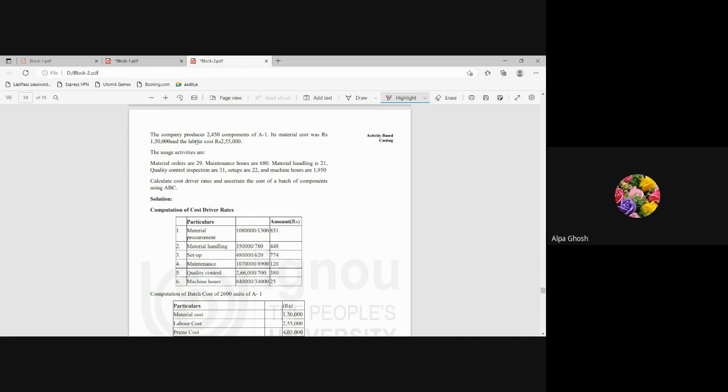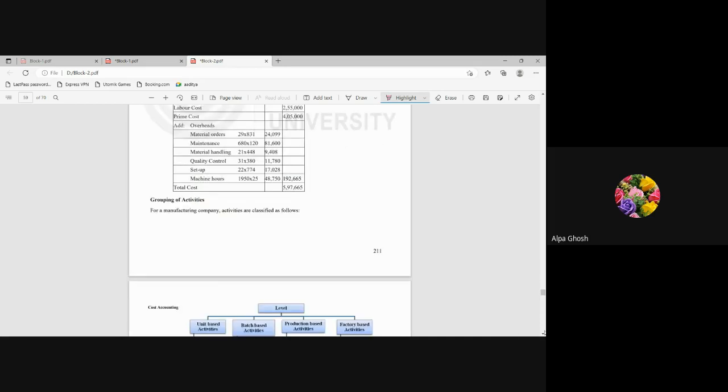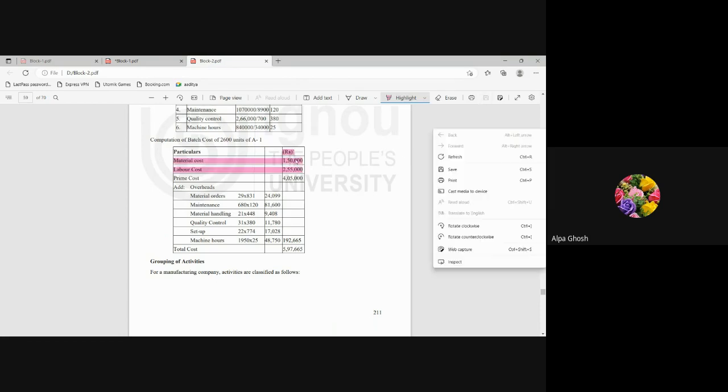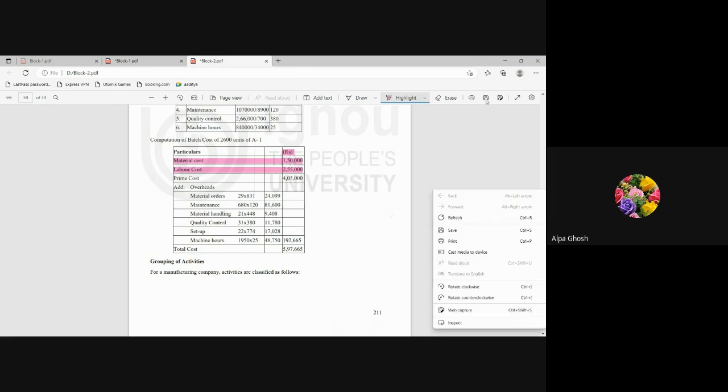Labor cost is given as 2,55,000. Prime cost is the total of 1,50,000 plus 2,55,000, which is 4,05,000.